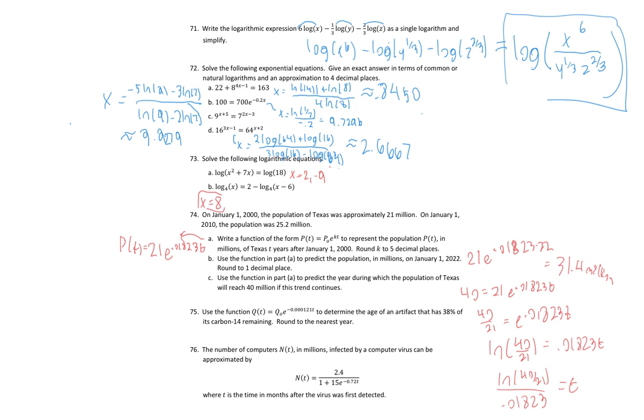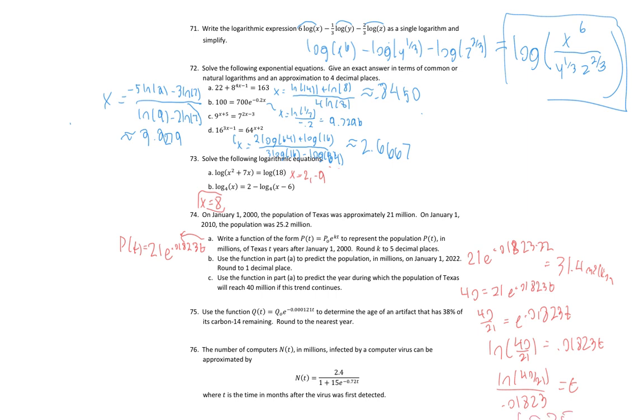Putting that into my calculator, sorry, I plugged it in wrong. Divided by 0.01823. I got about 35 years, so that's approximately 35.